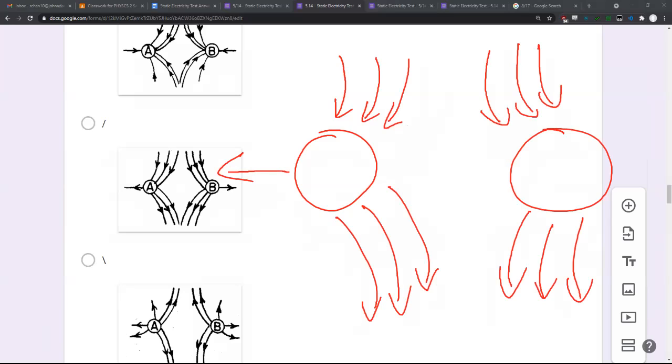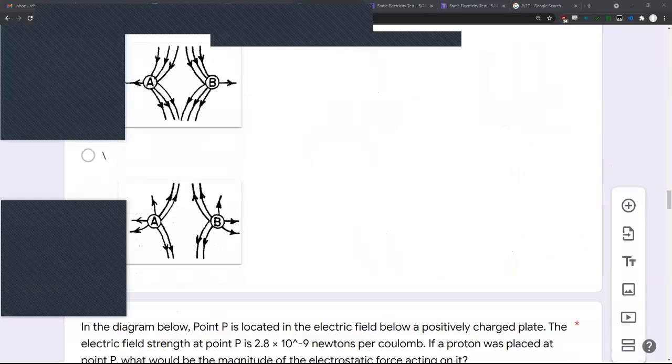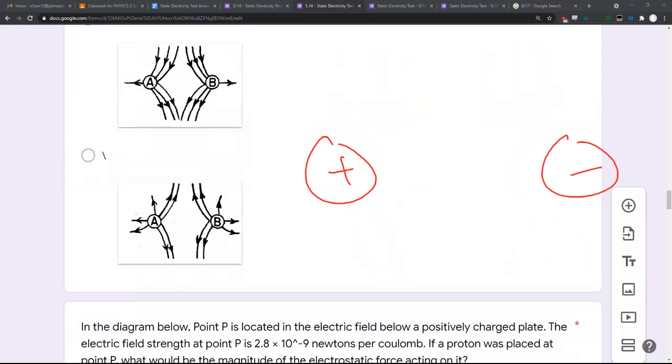So that's not correct at all. That's impossible. We don't draw field lines that point in 2 different directions coming from the same object. We draw it completely outward or completely inward. We don't do half and half. So the third one was drawn incorrectly. And choice 4 is just 2 positive charges, because they're both repelling.